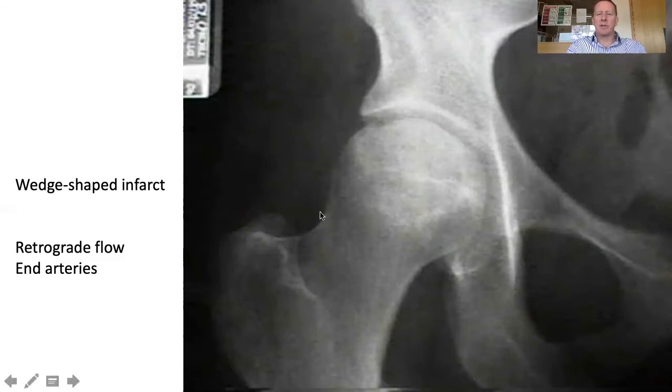So here we've got a retrograde flow of an end artery, which gets to about here, and then it fans out to supply a territory of bone. So if the end artery gets blocked somewhere down here, then all of the area that is supplied by the fanning out of vessels from the end artery will be affected. So small area here, progressively getting bigger as we go further away from the blockage of retrograde flow in an end artery.